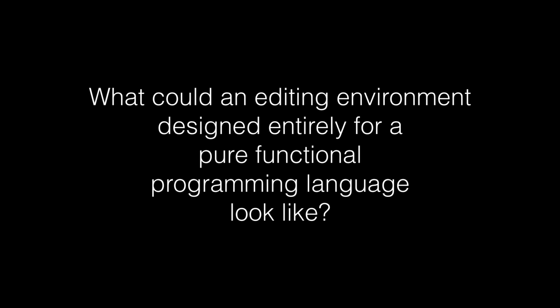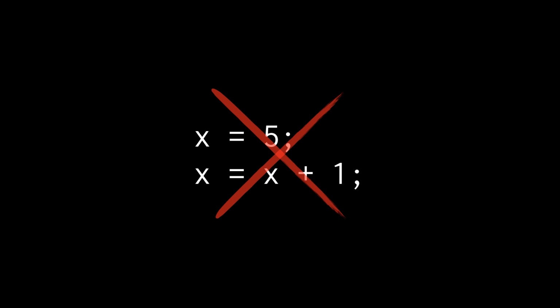Well, first off, an example of a pure functional programming language that we all know at Imperial is Haskell, right? Has anyone here not used Haskell? Yeah, well, okay, so in Haskell, you can't reassign variables. You can't say x equals 5 and then assign something again to x.